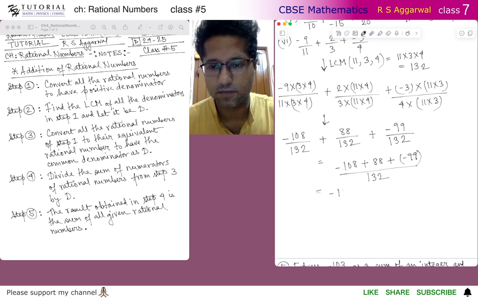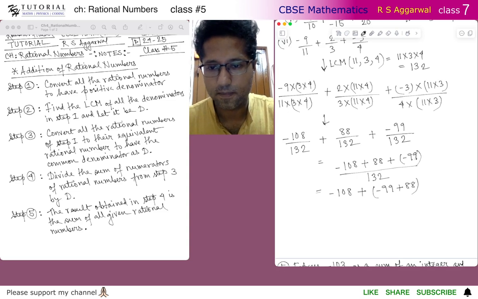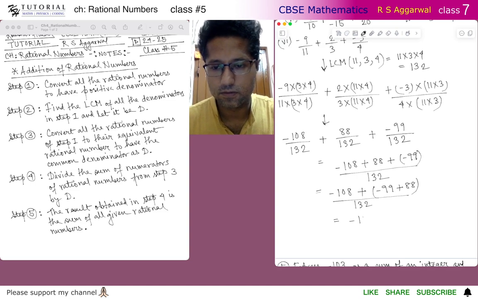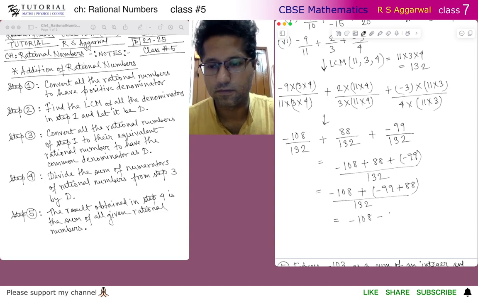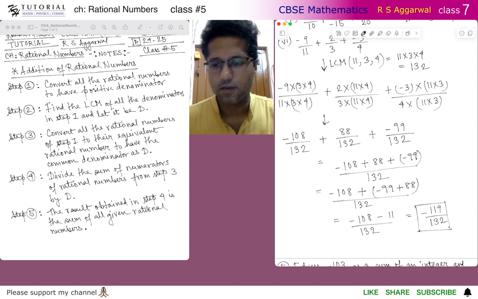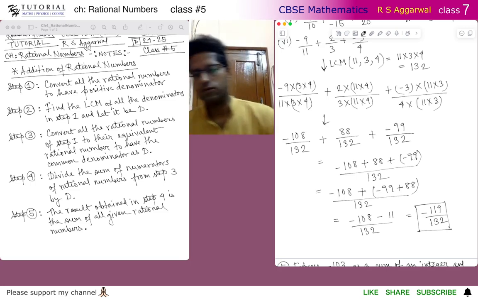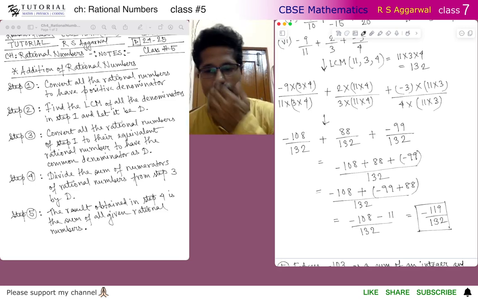So this is minus 108 plus, if I do minus 99 plus 88, I get minus 108 minus 11, by 132. Now this is minus 119 by 132. So this is the answer. This rational number may be further reducible, you can cancel with some common divisors. I'm not checking that.